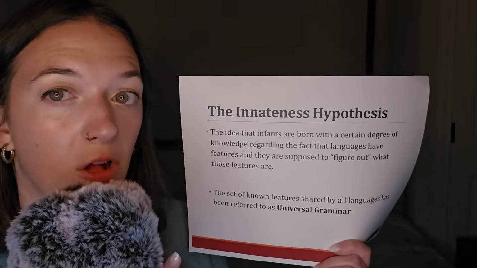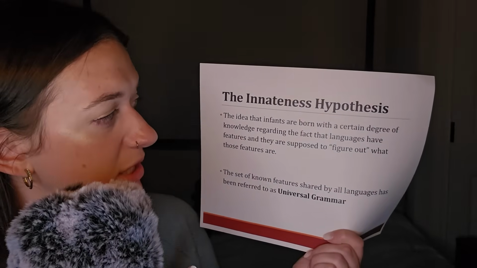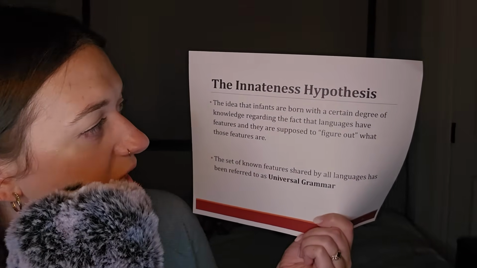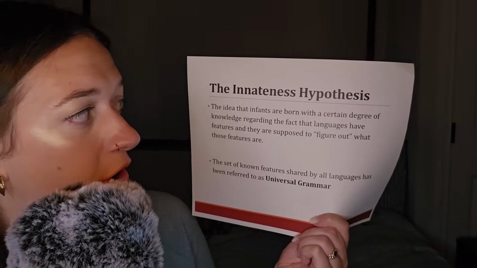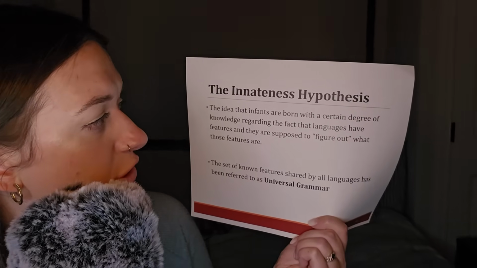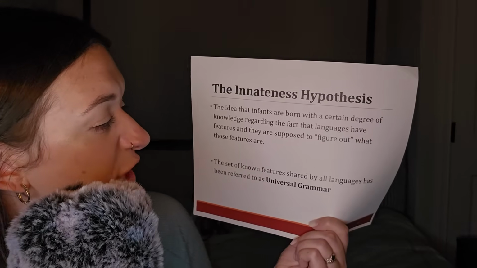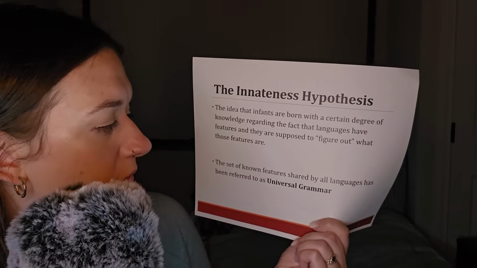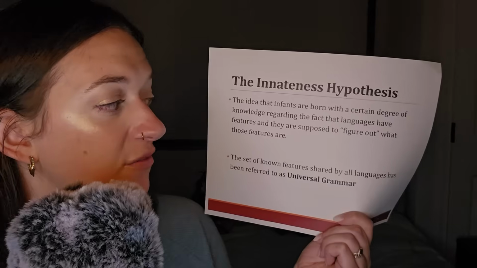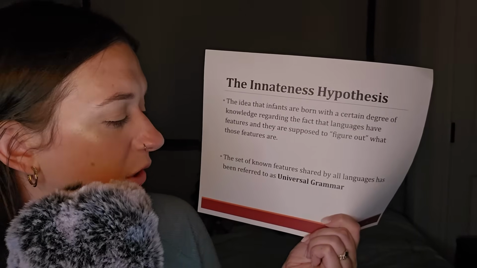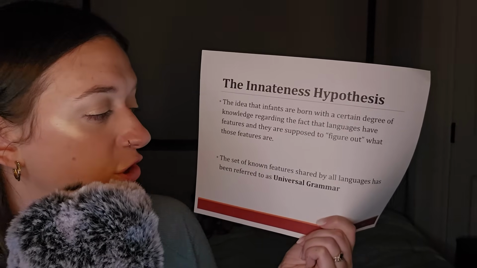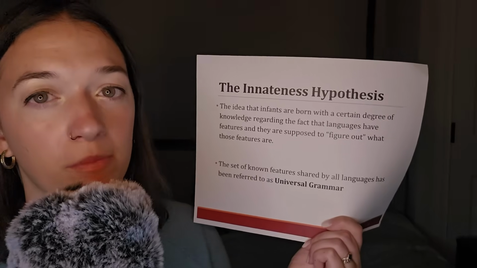There is something called the innateness hypothesis, and this is the idea that infants are born with a certain degree of knowledge regarding the fact that languages have features, and they are supposed to figure out what these features are. And the set of known features shared by all languages has been referred to as universal grammar.